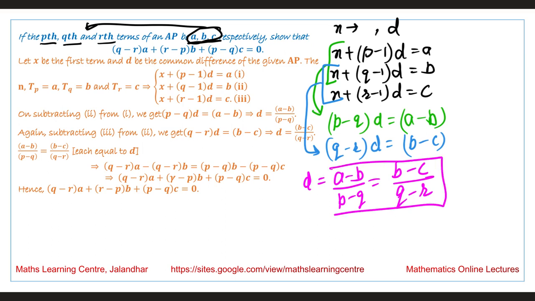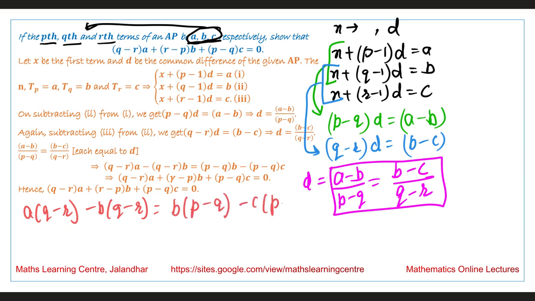So if we cross multiply these terms, we will obtain A into q minus r minus B into q minus r is equal to B into p minus q minus C into p minus q.